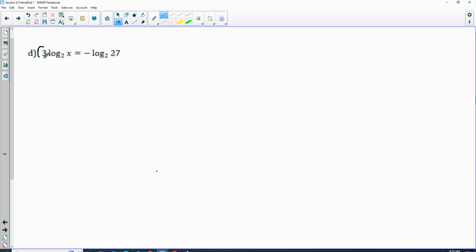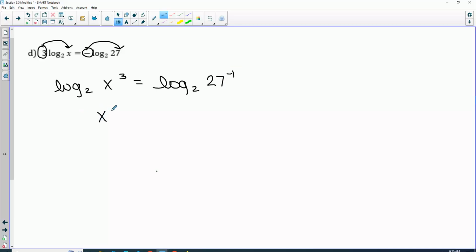Okay, so when we have those numbers in front, they come up as your exponents. So that's log base 2 of x cubed equals log base 2, 27. If it's just a negative, that's a negative 1. So now you can drop the logs. 27 to the negative 1 is the same as saying 1 over 27.